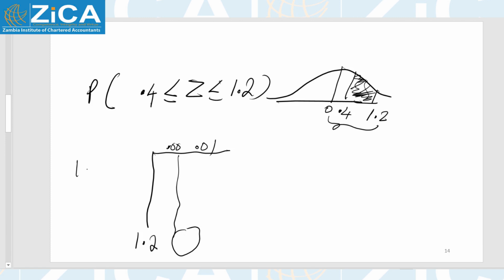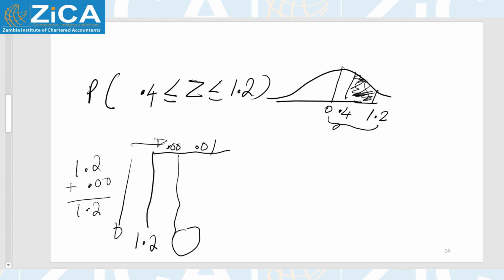1.2, because 1.2, you are given along the column here to 1 decimal place. The 2 decimal places are across the row. So plus 0.00, it's like you add this. And this will be 1.2, which you have.